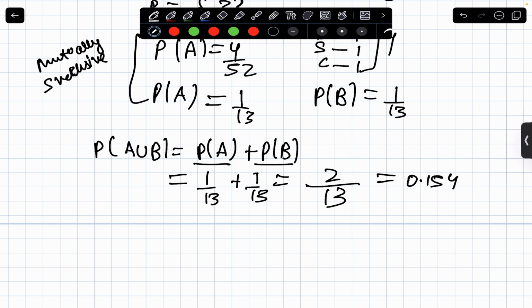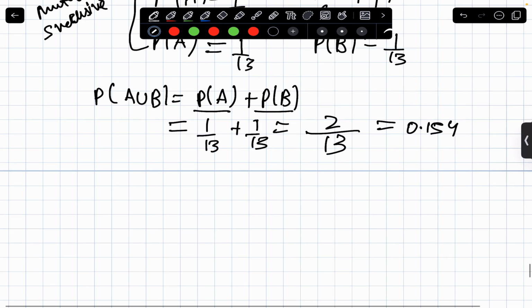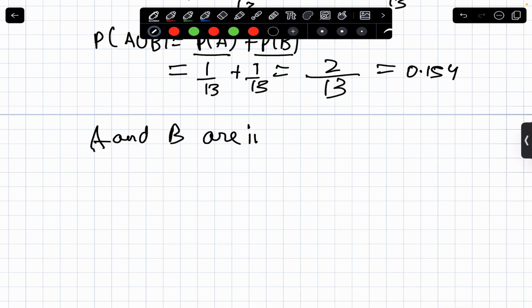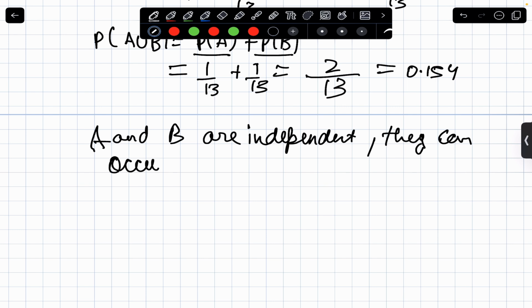Okay, see, if two events, let's say A and B, are independent, then they can occur at the same time, or they can intersect.